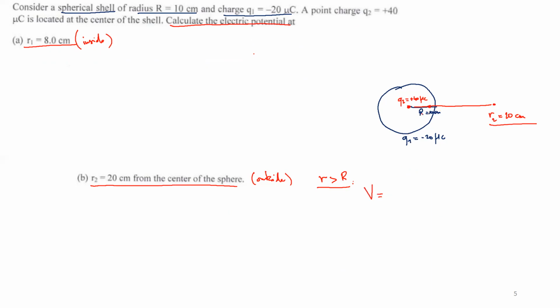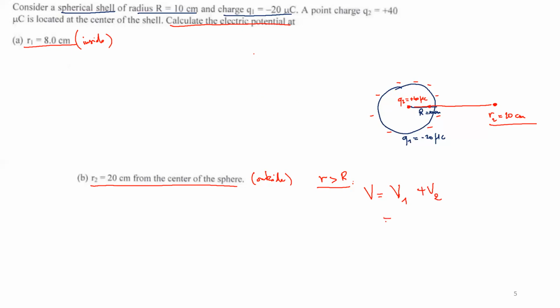both will contribute. Okay, I have my spherical shell here, which is negatively charged. It will contribute to this potential here. And how does it contribute? Well, you know that it will contribute like a point charge located at the middle. So I will have a contribution V1 from the shell plus a contribution from the point charge.